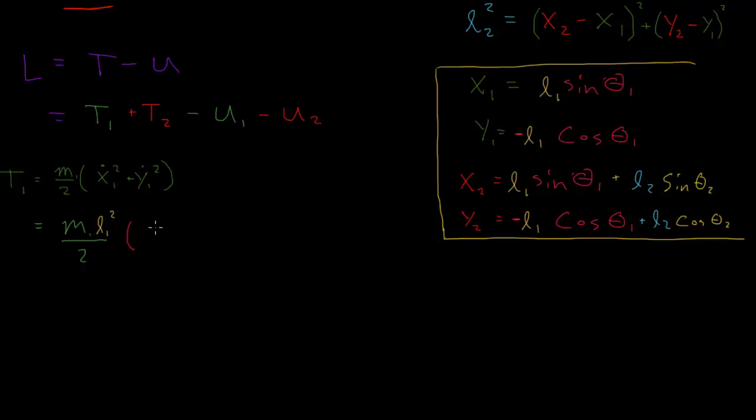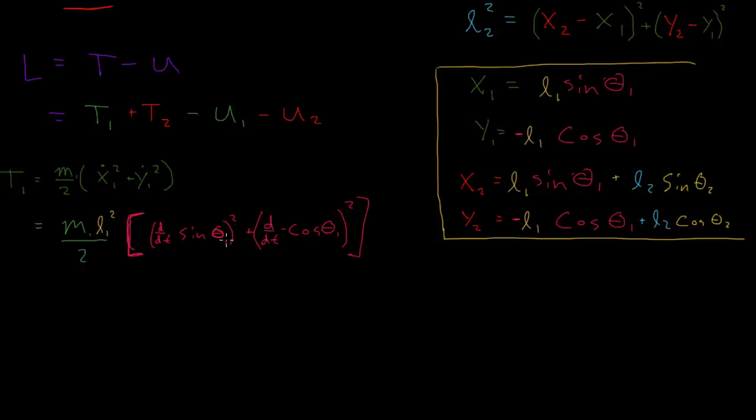Now I can write, since we squared these individually, we have the time derivative of sine theta 1, squared, plus the time derivative of cosine theta 1, squared. And really it's the derivative of negative cosine, but since we're squaring it, we don't have to worry too much about the sign.